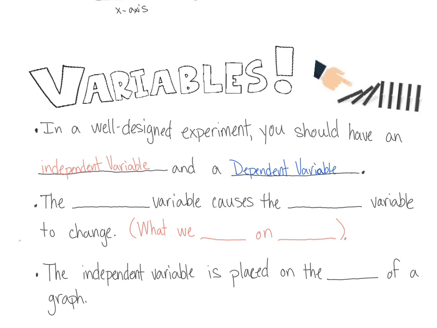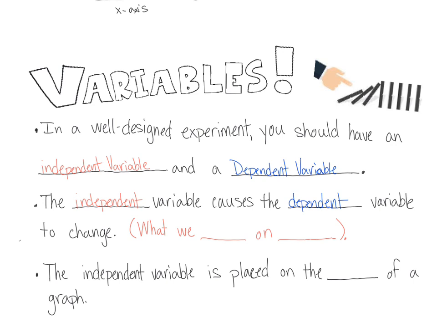The independent variable causes the dependent variable to change. Science experiments are really hoping to find a cause and effect type scenario, and the independent variable should cause the dependent variable to change.